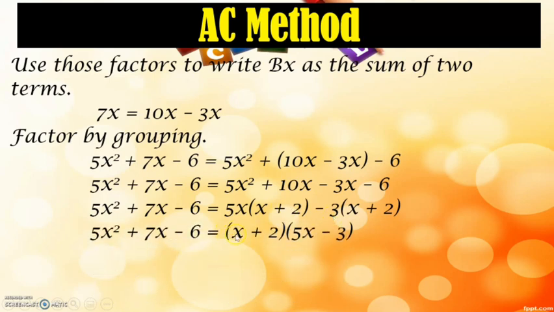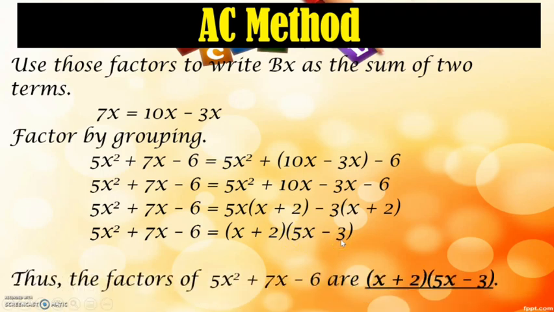Therefore, the factors of 5x squared plus 7x minus 6 are x plus 2 multiplied by 5x minus 3.